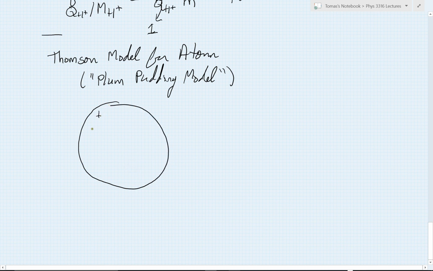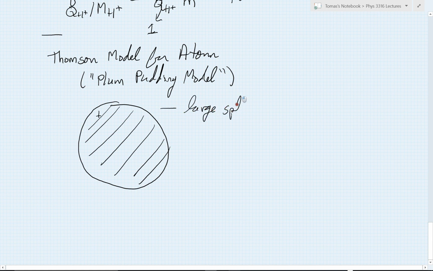I'll put a plus on it. Large positively charged sphere, and he made a nice simple model of a constant charge density. So a large sphere, radius r, well, large, I mean large compared to the electron. They didn't know how small the atoms were yet, but they had some basic size, which we call the radius r.